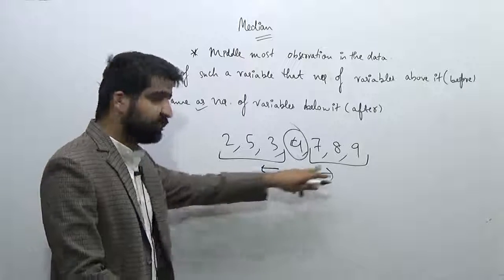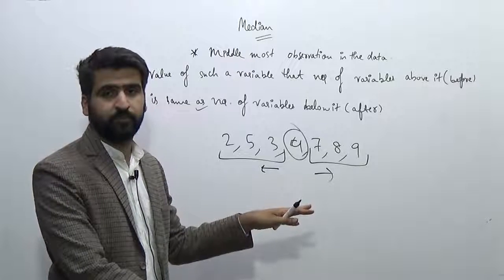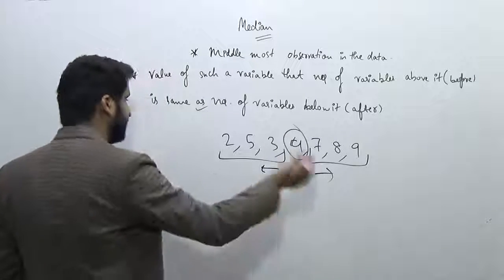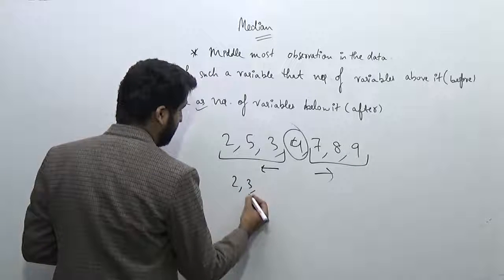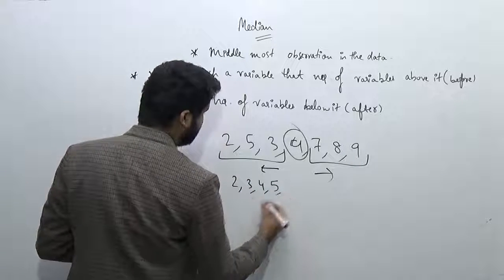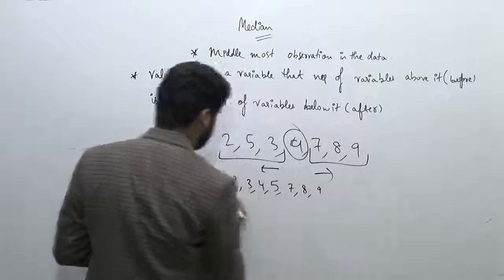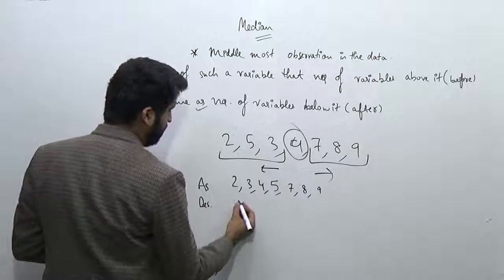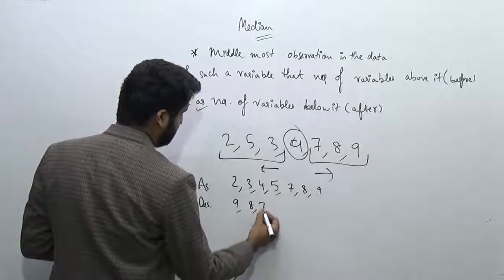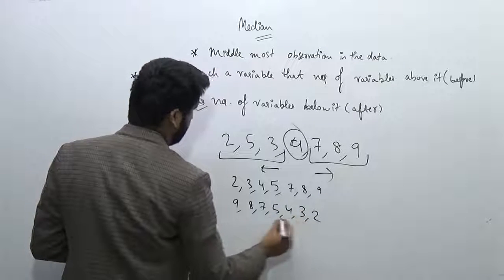Yes. So you must first arrange this data in ascending order. It can be arranged in ascending or descending order, it doesn't matter, but it should be arranged first. So 2, 3, 4, 5, 7, 8, 9 is the ascending order, and the descending order is 9, 8, 7, 5, 4, 3, 2.